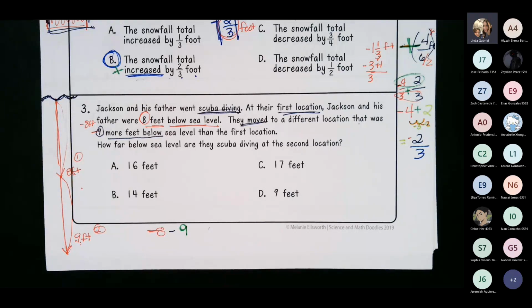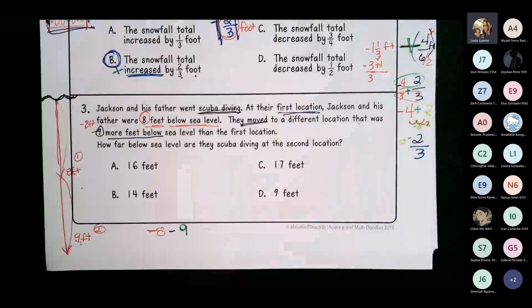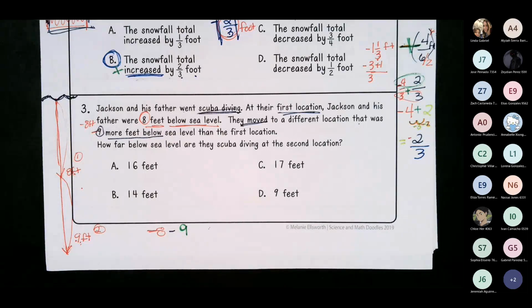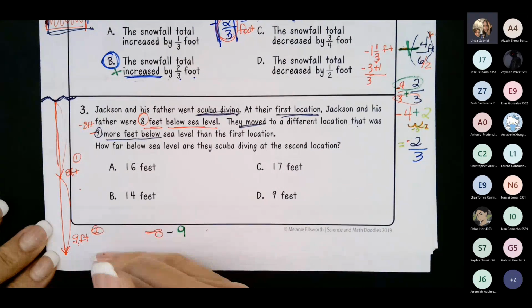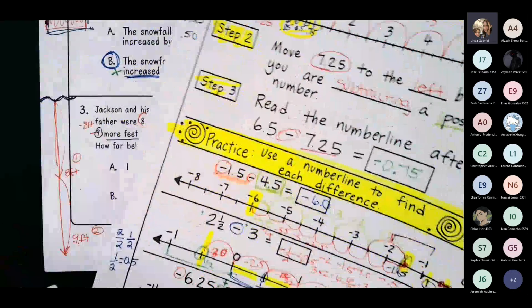So we're going to follow that rule, where if we subtract feet down, we need to move in that same direction as the negative side. We need to increase our negative value, right?